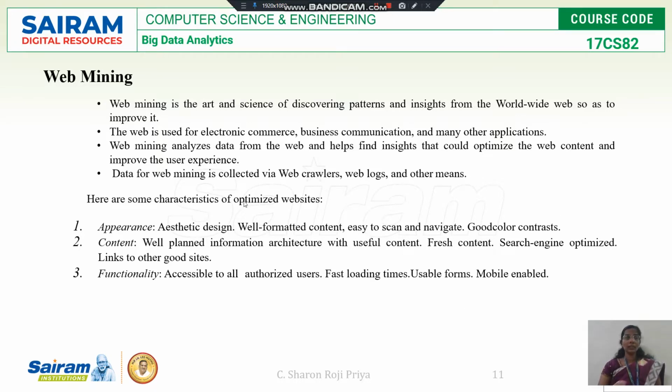Here are some characteristics of an optimized website: appearance, content, and functionality. Appearance of a website includes well-formatted content, easy to scan and navigate, and good color contrast.